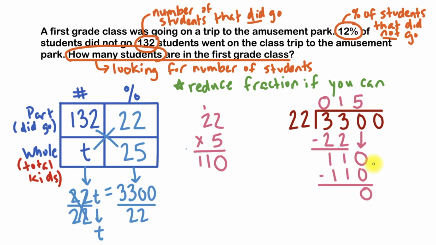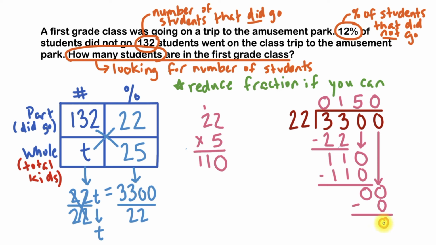But do not forget, we still have 1 digit remaining. So we have to bring that down and repeat the process. So we'll bring this 0 down, and then divide 0 by 22, which gives us 0. And that'll be 0, I'll subtract, and when we do that, that's just 0.